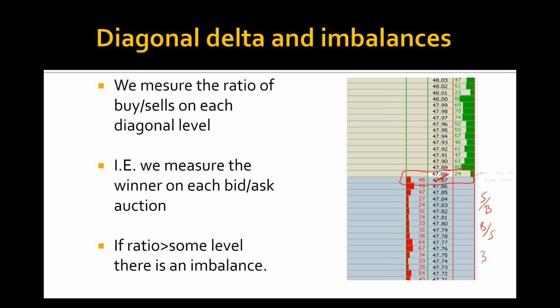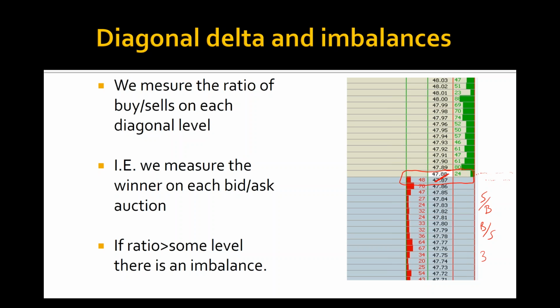If the ratio is under 3, the market is kind of balanced, so there's the same power between buyers and sellers. And if sellers divided by buyers or buyers divided by sellers is larger than 3, then we have an imbalance on this price level. And we're going to plot and color the numbers on the ladder accordingly, okay?